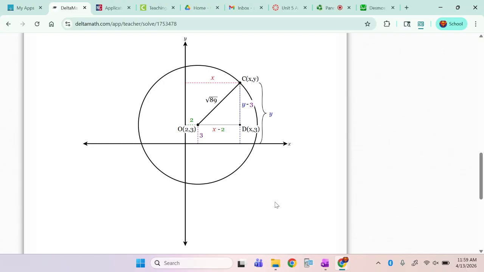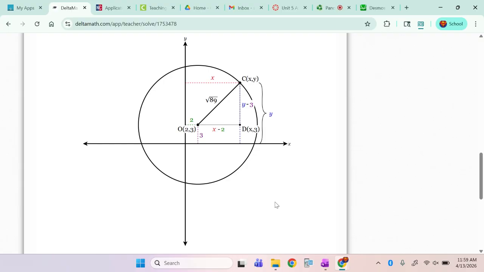Here is typically the formula for the circle equation. The circle equation will always be (x minus h) squared plus (y minus k) squared equals r squared, where your center is the point (h, k) and your radius is r.